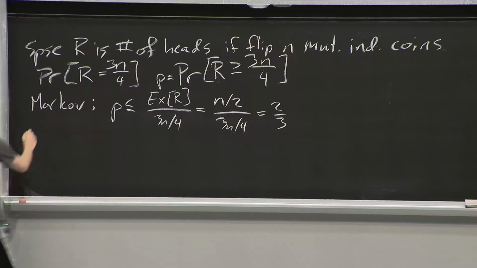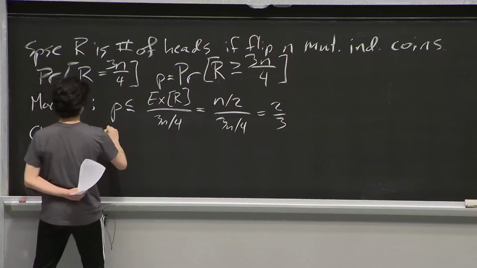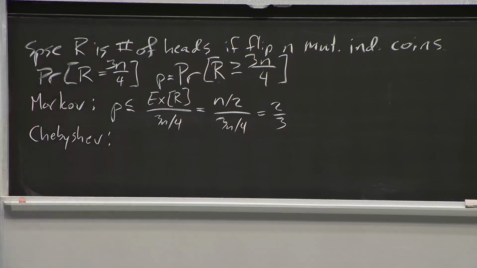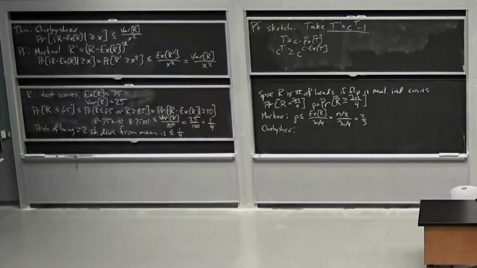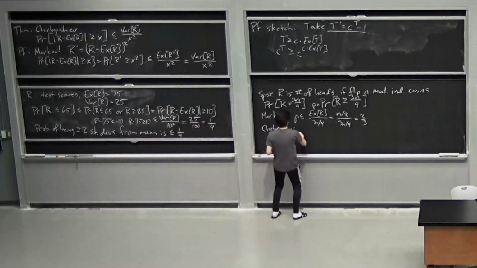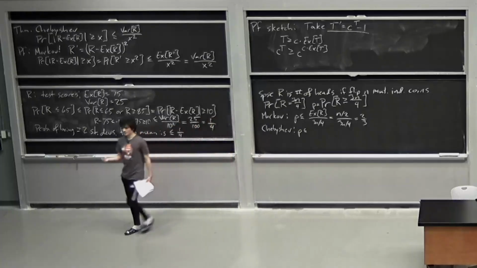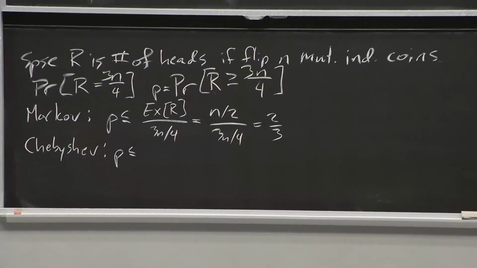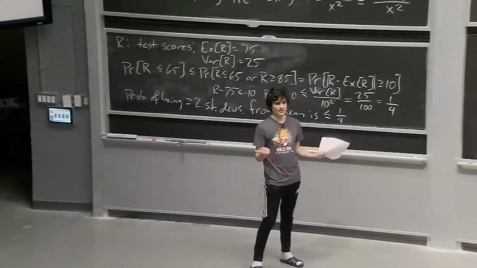What about Chebyshev? So similar to what we did with the first Chebyshev example, P is going to be at most the probability that R differs from its expectation in either direction by n over 4.